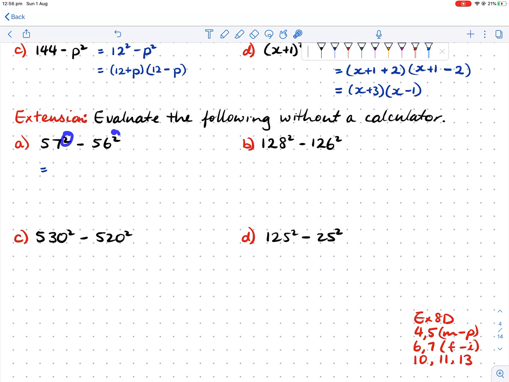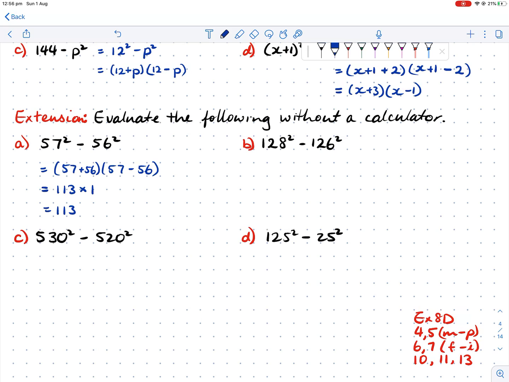You can see we've got the squares. If we apply the rule, we've got 57 plus 56 and 57 minus 56. We can calculate the first term: 57 plus 56 is 113, and 57 minus 56 is 1. So we can work it out without even needing to touch a calculator.